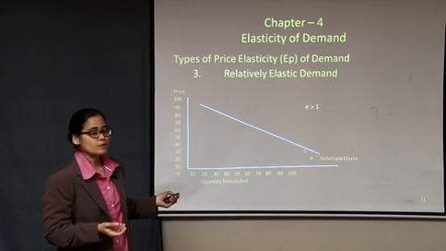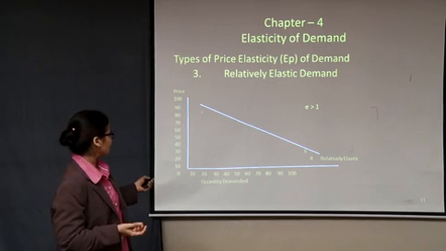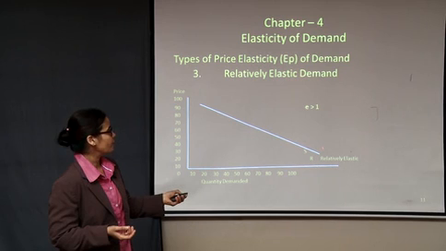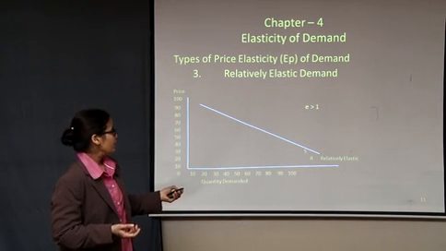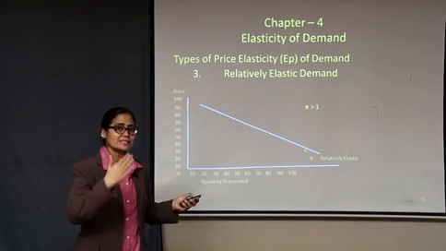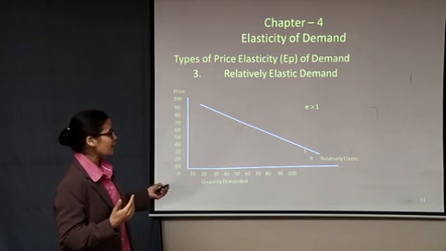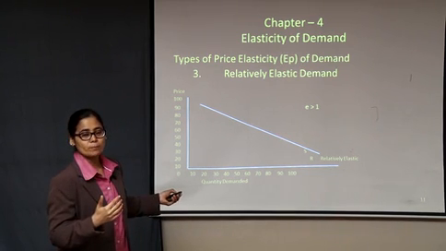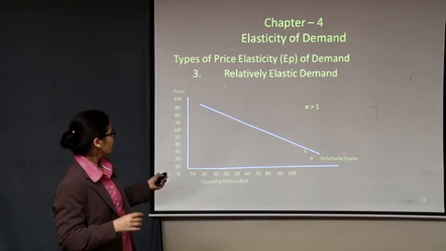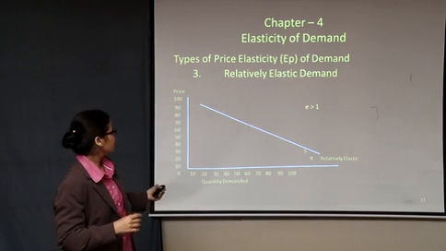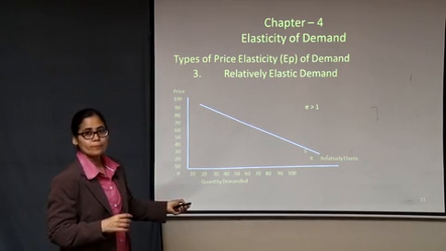So the diagram for relatively elastic is, as you see, very flatter in slope. In the previous case, what did I say? Steep slope. Now the word I am using is flatter in slope. So don't forget, relatively elastic demand diagrams are flatter in slope.